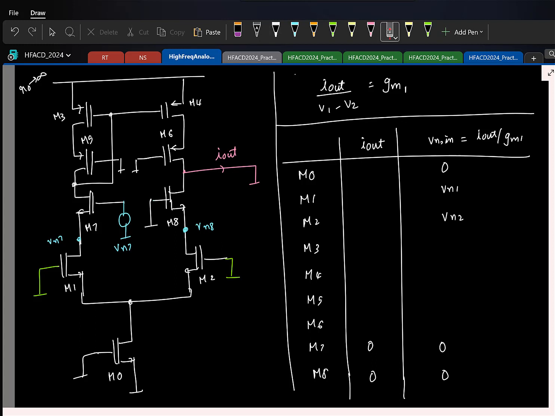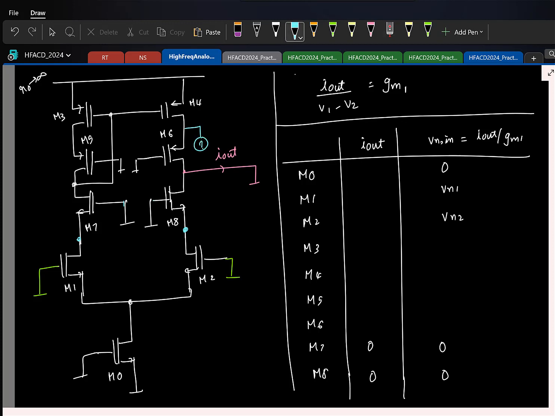So similarly, what can you say about M5, M6? What is the role of the transistors M5, M6 here? It is cascoding the PMOS stage, right? So what can you say about the noise due to them? They'll also be 0, same way. Again, if you try to do the same thing, R0 of M4 is infinity.